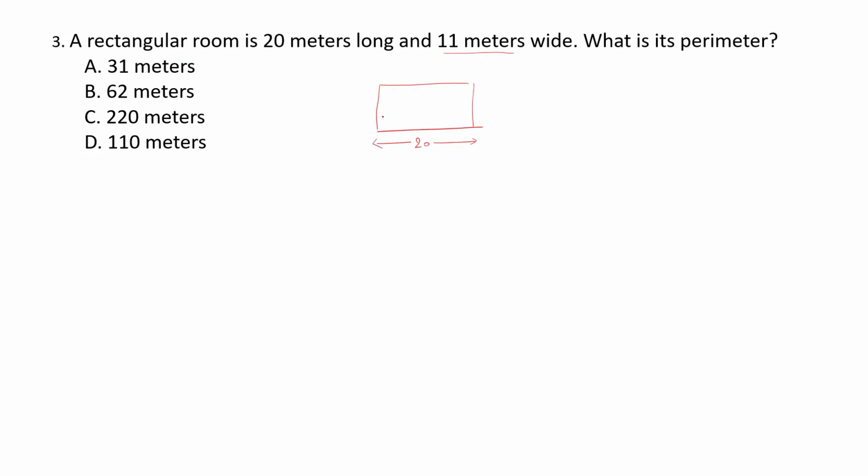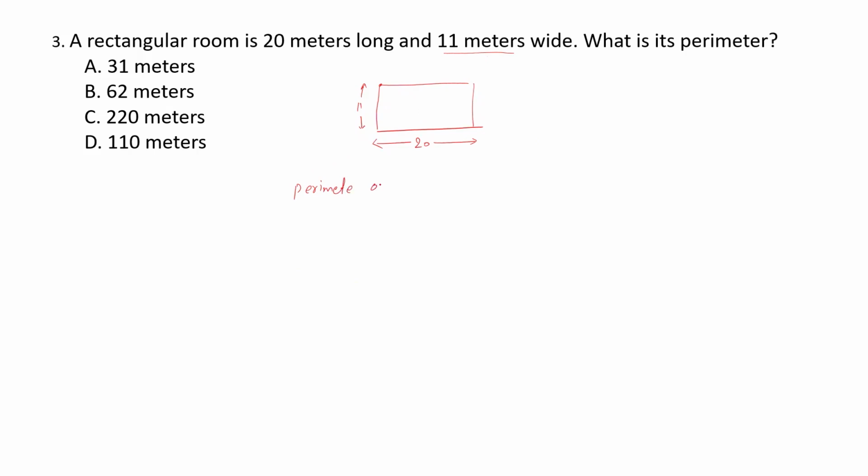And wide, this side is 11, right? This side is 20, this side is 11. What is its perimeter? If you remember, perimeter is you start from one point and come back to this point, and how much distance you have to cover. So 11 plus 20 plus 11 plus 20.